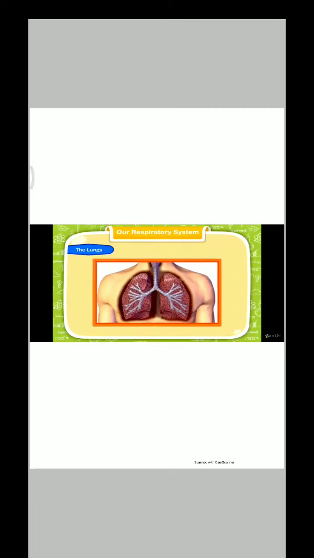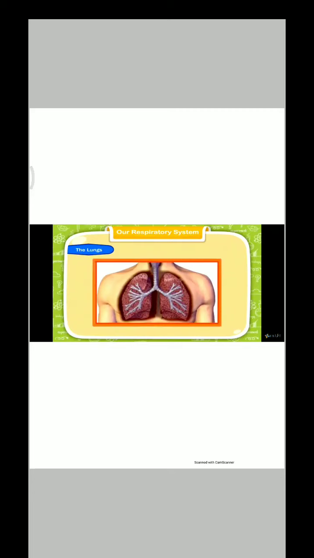Okay, this work will be done by your lungs. The air that we breathe in is rich in oxygen, and the air that we breathe out is rich in carbon dioxide. So while we are inhaling, we are taking in the oxygen, and while we are exhaling, we are taking out the carbon dioxide. Okay.